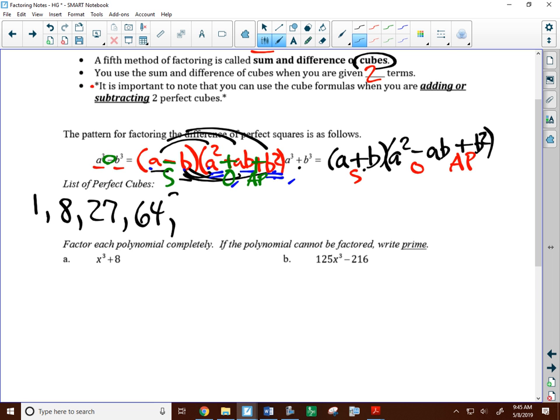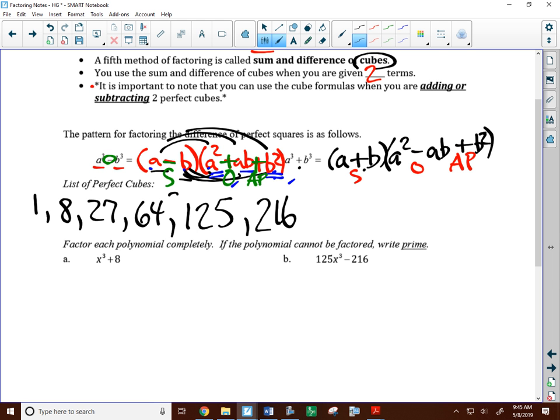5 cubed? 125. Yeah, it's 25 times 5. Like 5 times 5 is 25 times 5. Anybody know 6 cubed? Yeah, 36 times 6. Oh, I know. 216. Nice. Good mental math there.